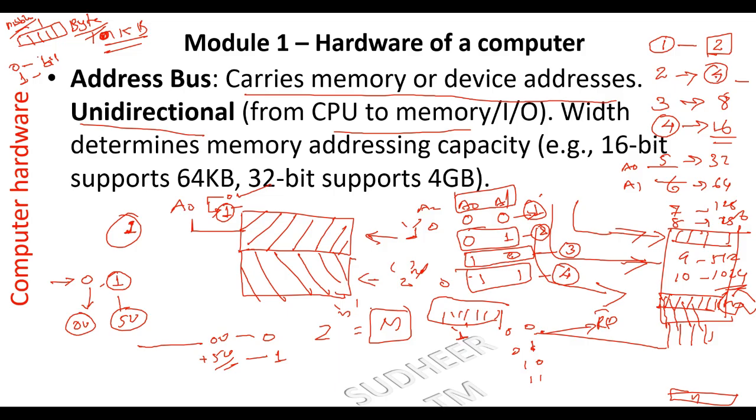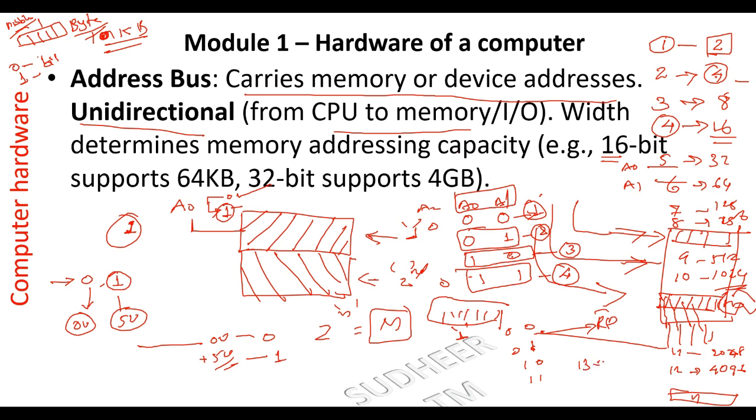Our address bus has 16-bit address lines. With 11 lines you can manage 2048. With 12 you can manage 4096.